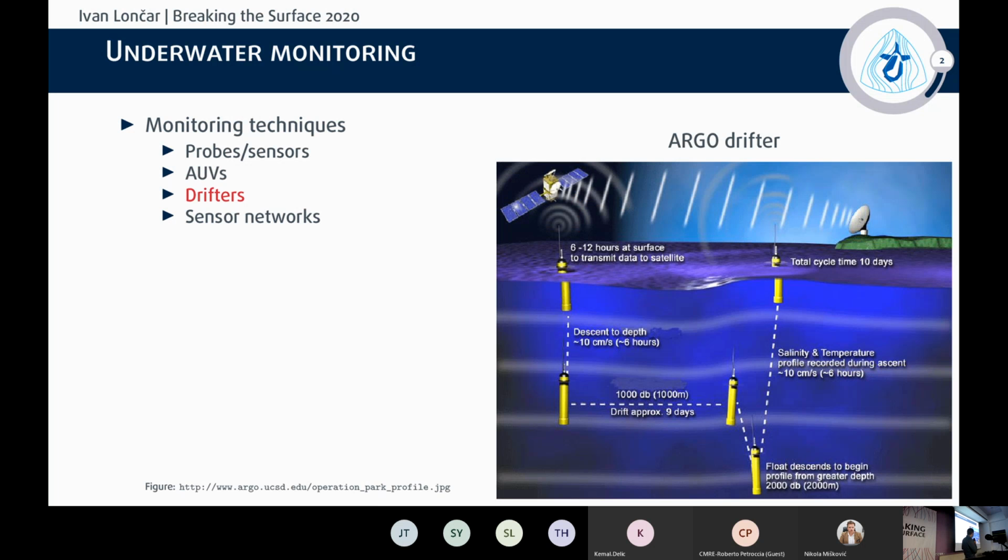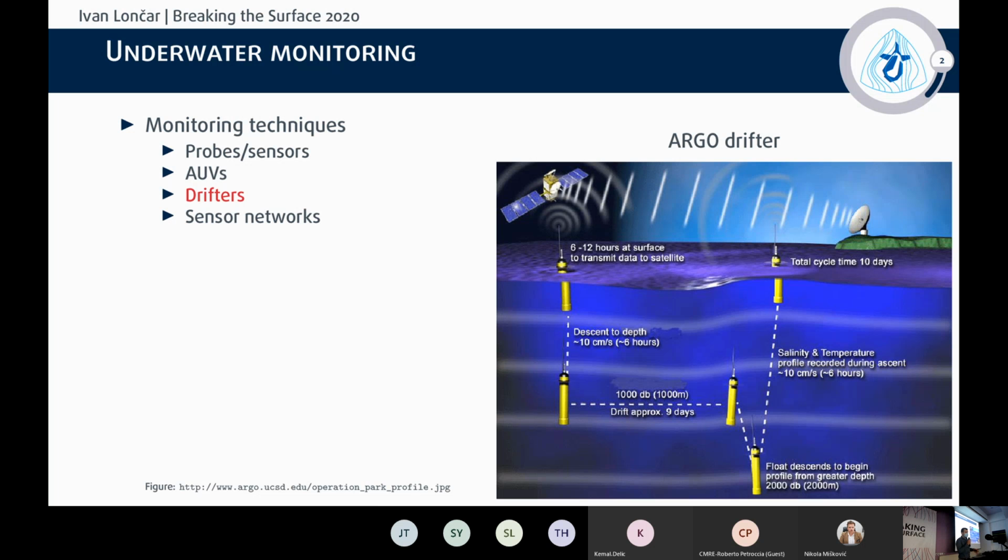You can even use drifters. There is one project which is called Argo, which made a worldwide sensor drifter network. Those drifters are carried by currents. They sink to some specific depth, and they get carried by currents.